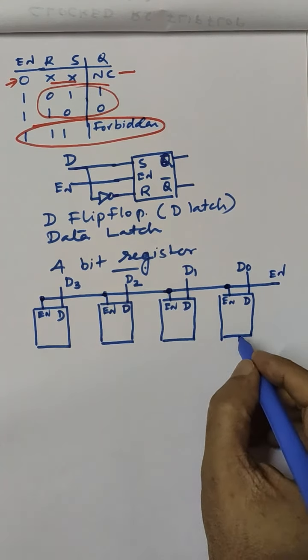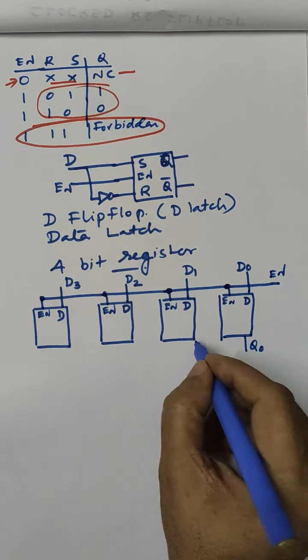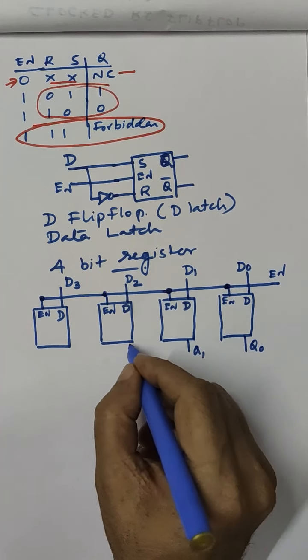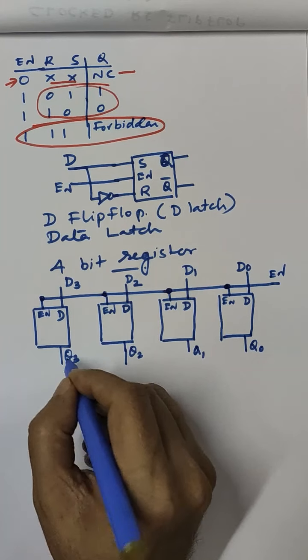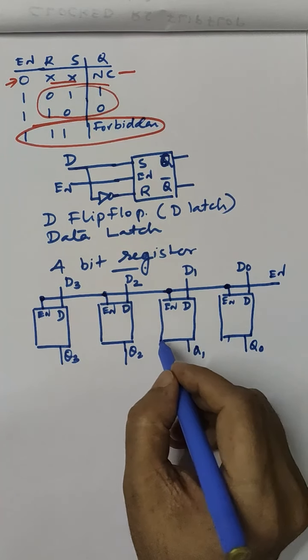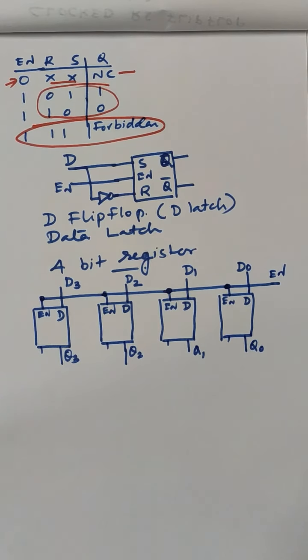Now the corresponding outputs, you can call Q0, Q1, Q2 and Q3. At present there is no significance in mentioning the Q bar outputs. They are also there, but we don't have to take them at this time. So this is the construction of a 4-bit memory unit.